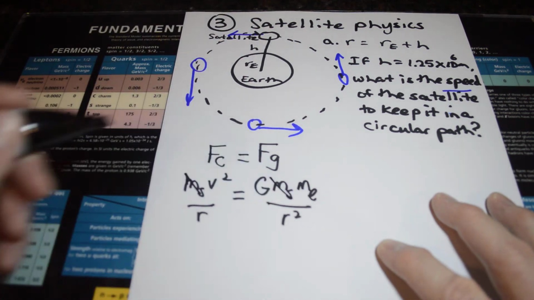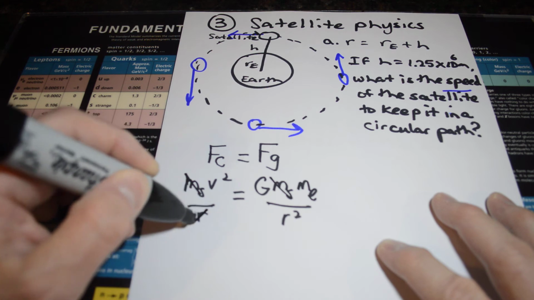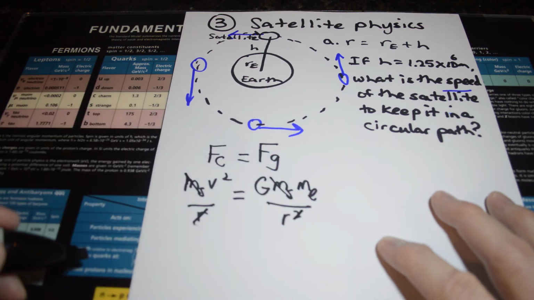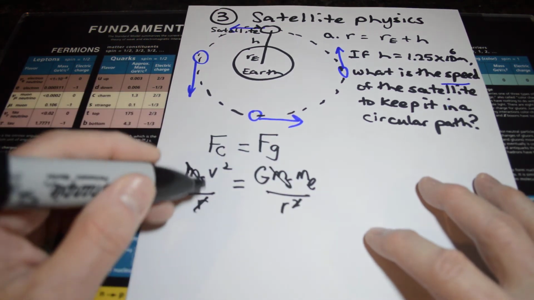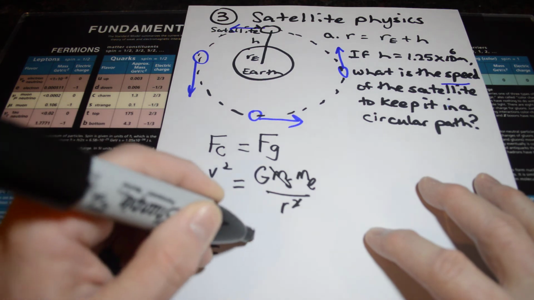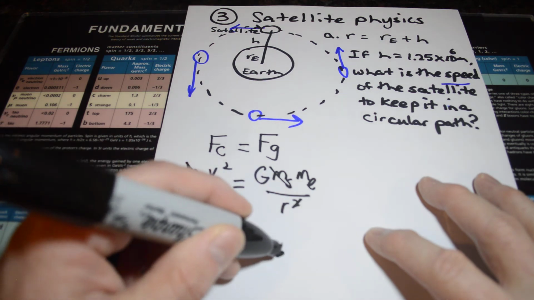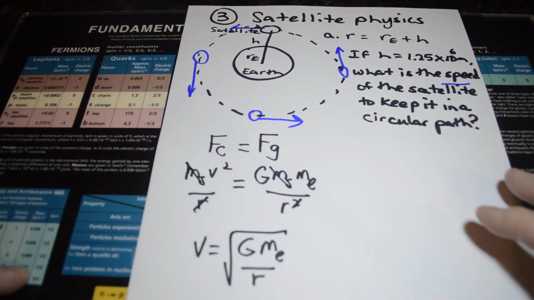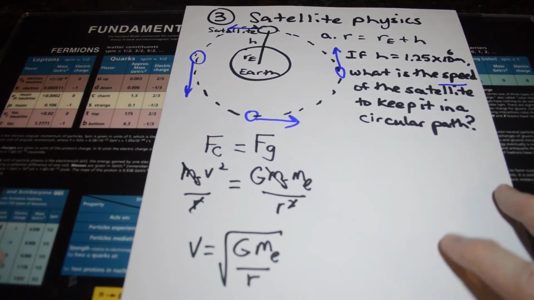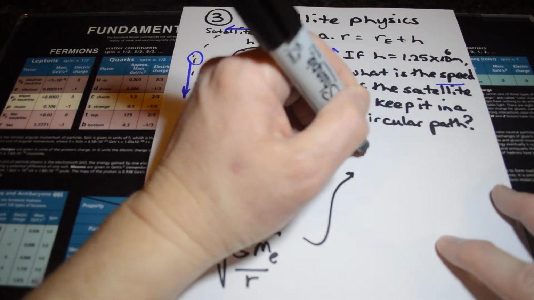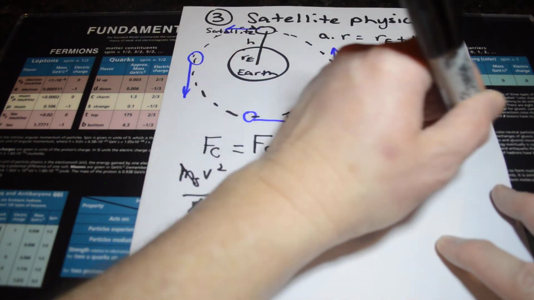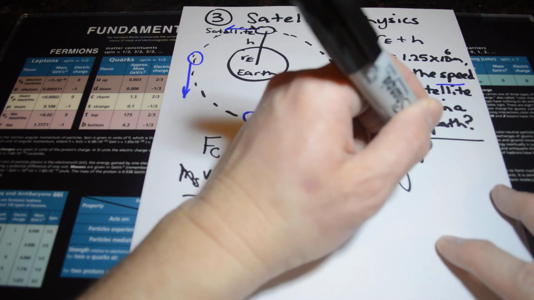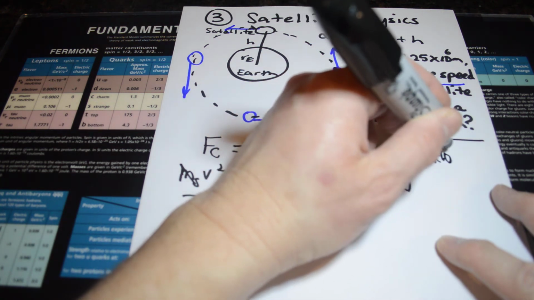We have some cancellation. The mass of the satellite cancels, so it doesn't matter what mass the satellite has. What this ends up being is the square root of g times the mass of the Earth over r. You'd have to look up some data for that, so I'll remind you of some of these numbers. G is 6.67 times 10 to the negative 11th.